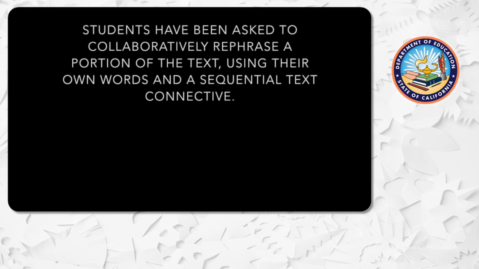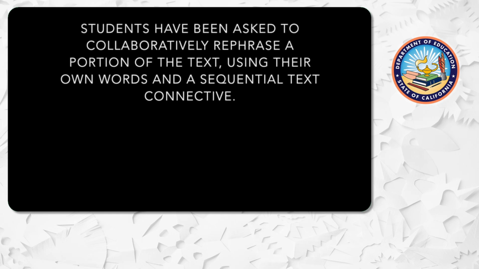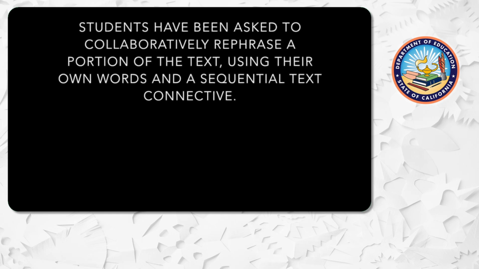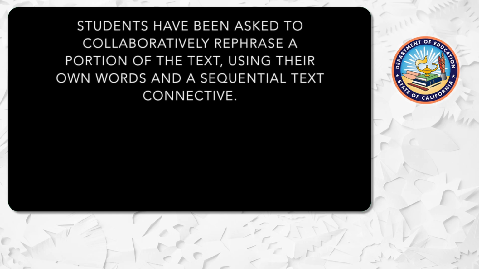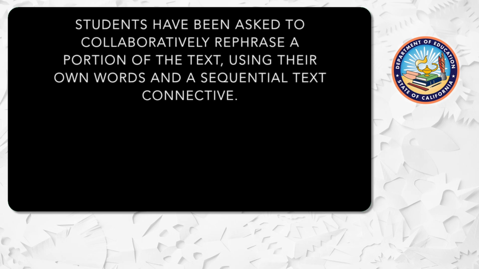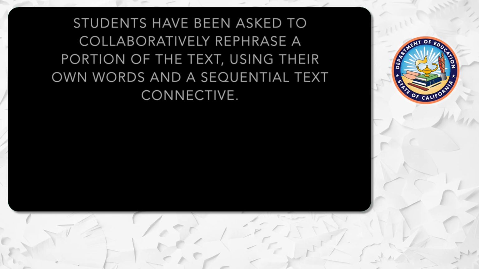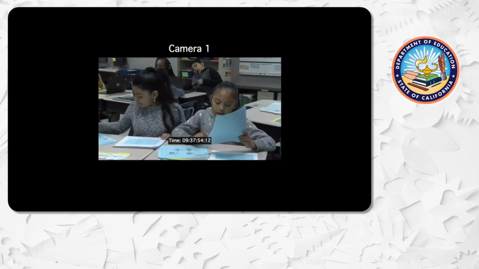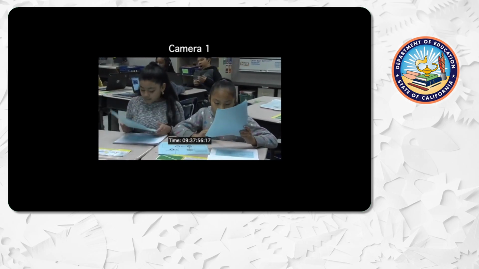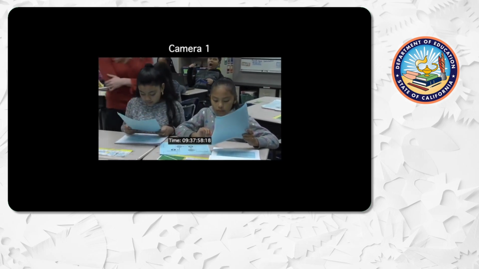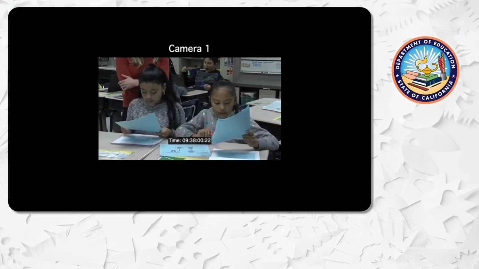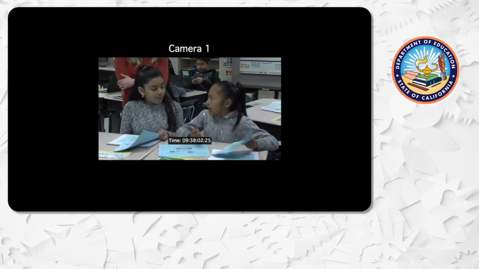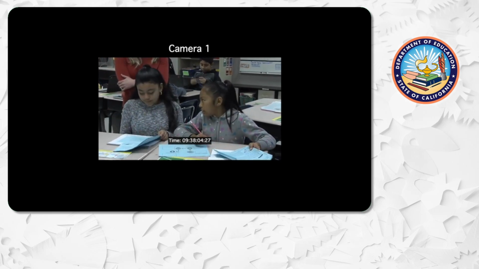In this segment of the lesson, students will be working with the same partner to rephrase in their own words a portion of the text they've just read using a sequential text connective. So then the sun hits the panels and it turns it into electricity.